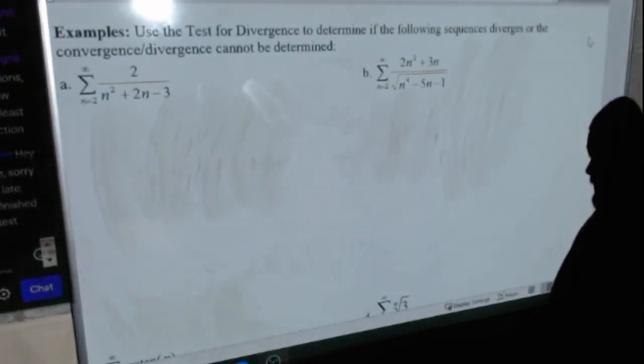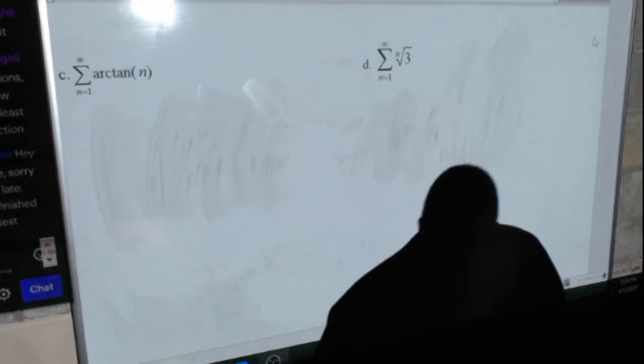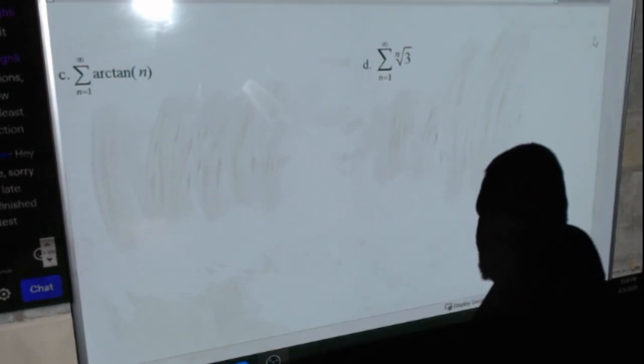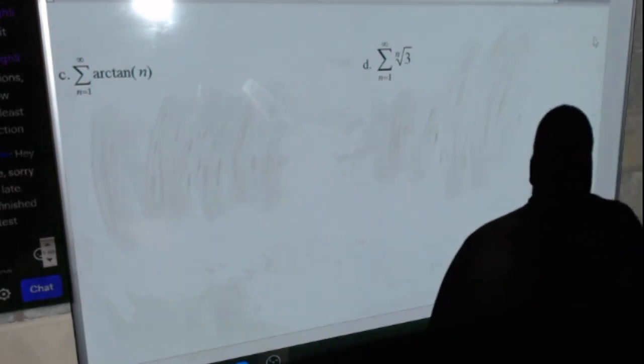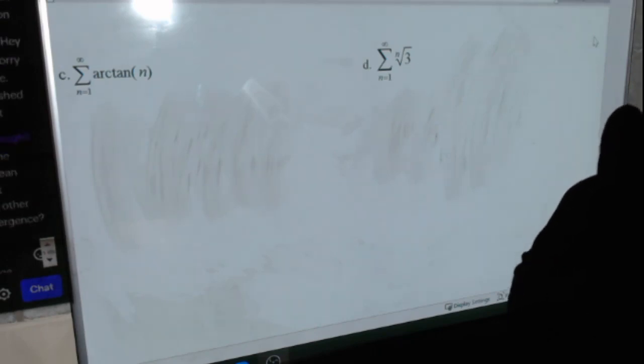Okay. We've got 2 more here. This first one is a little easier to prove if we do a graph.